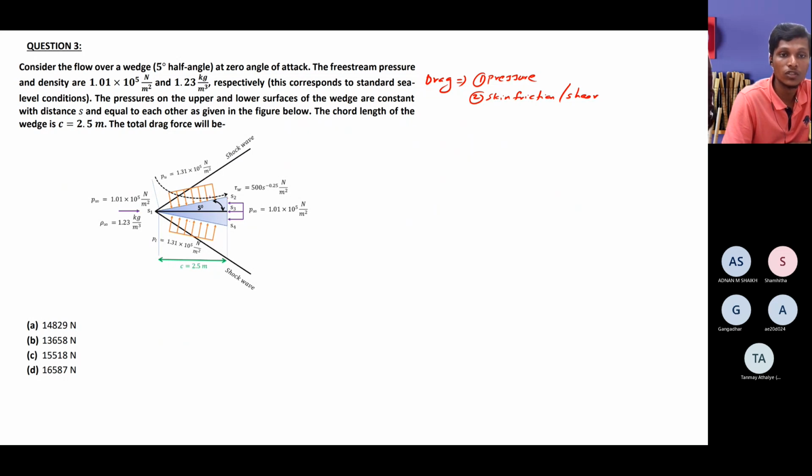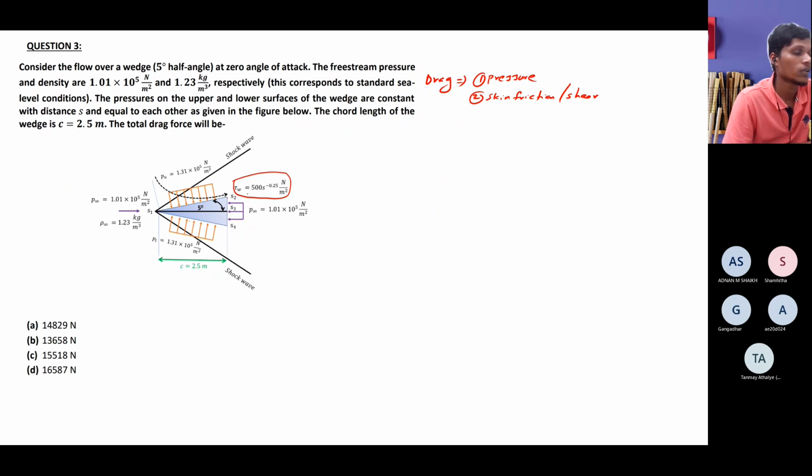But your skin friction, you see the equation of your skin friction here, varies with respect to S. So the normal forces due to the pressure will cancel out on the upper and lower surfaces, which we will also see in the calculations. But the forces due to the skin friction on both the upper and lower surfaces won't cancel, because they both act in the direction along the flow.